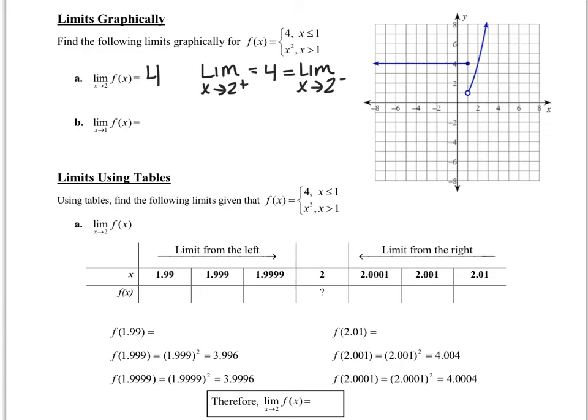So let's see what happens with the limit as we approach 1. Let's write it down first. The limit as x approaches 1 from the right, and the limit as x approaches 1 from the left. So here's 1. From the right, I'm going to use this graph, and it looks like the limit is 1.